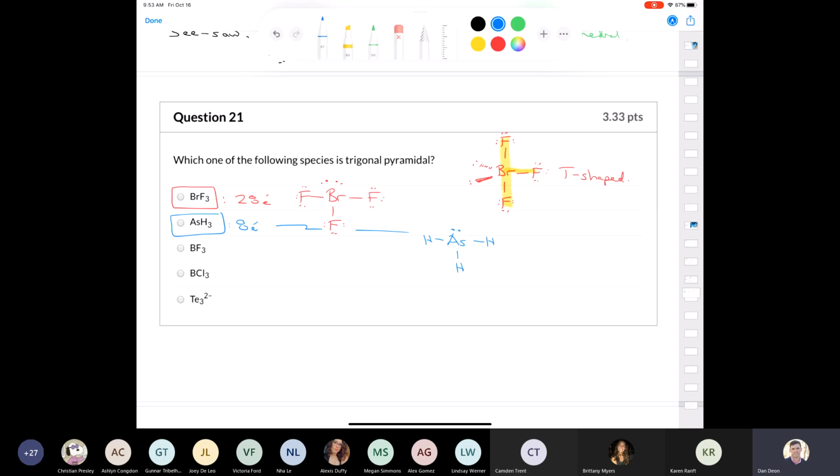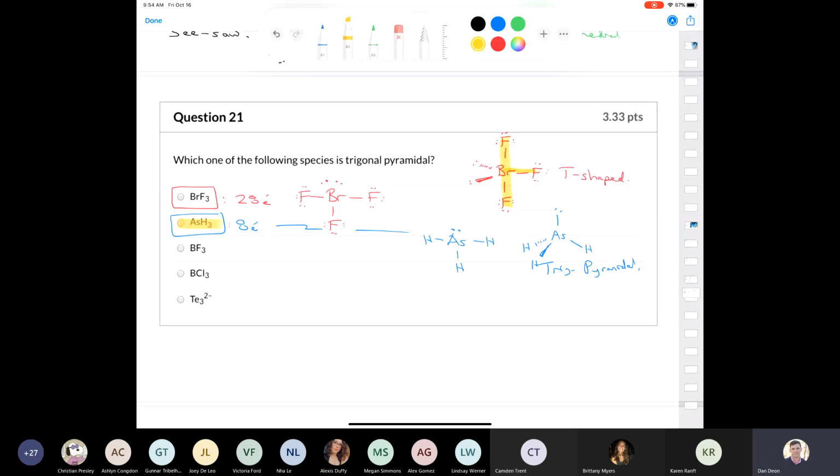So the arsenic trihydride has 4 regions of electron density, one of them being a lone pair. And we'll put a hydrogen here. We'll put another hydrogen in the back, and we'll put another one in front like that. And so you can see that the electron geometry is tetrahedral, but the molecular geometry is trigonal pyramidal. Okay, pyramidal. And so that's our answer. That's our answer right there.